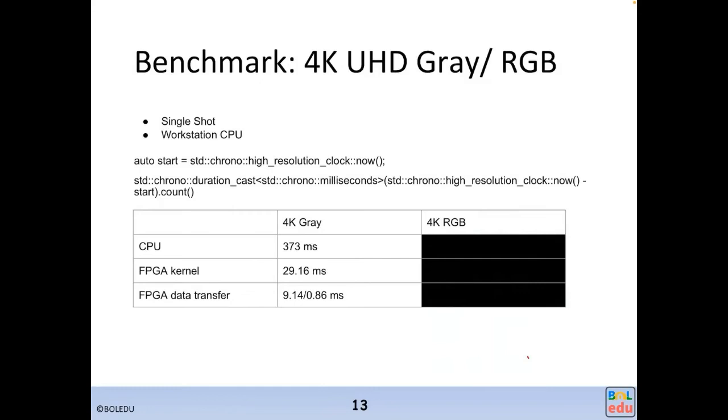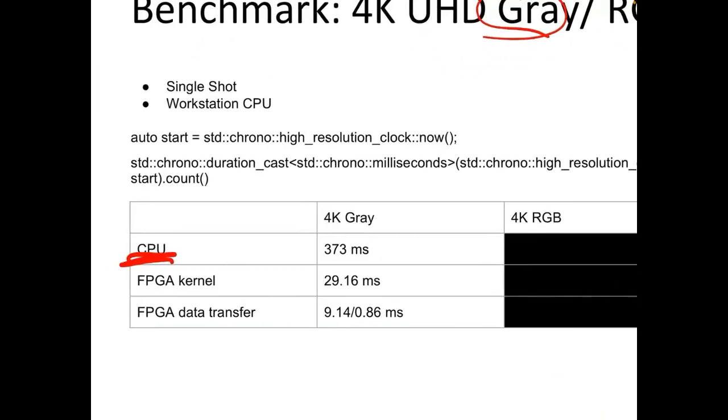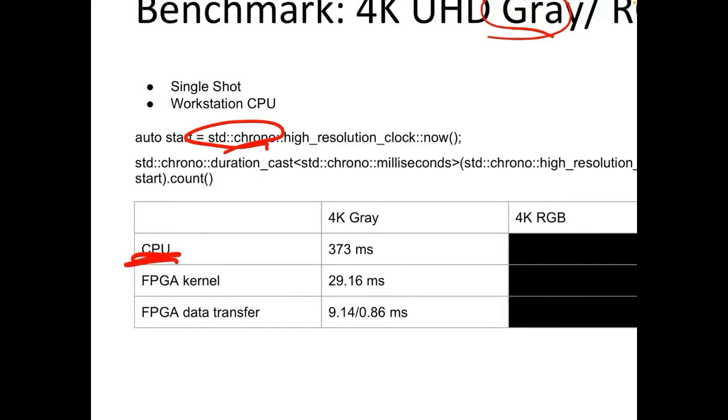We also put it on the U50 system, and we evaluate the gray image configuration. The CPU runs in the Vitis environment, we use the CPU in the workstation, and we use the kernel from the STD library to measure the times.